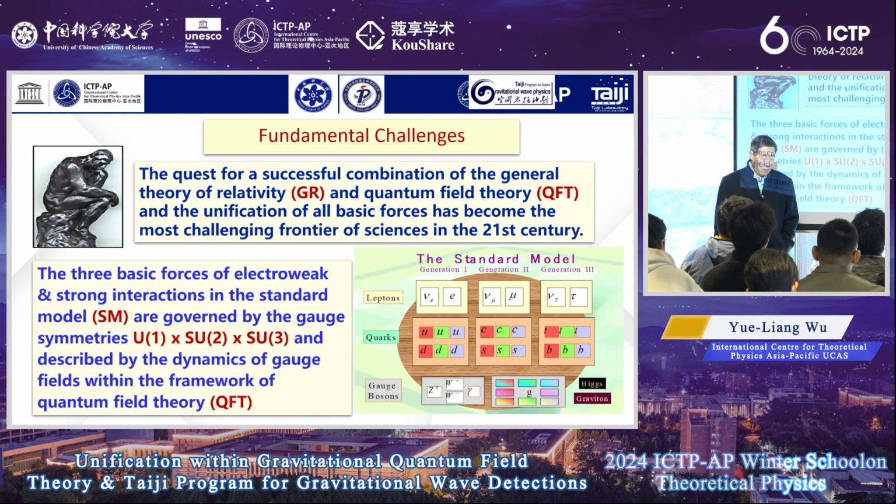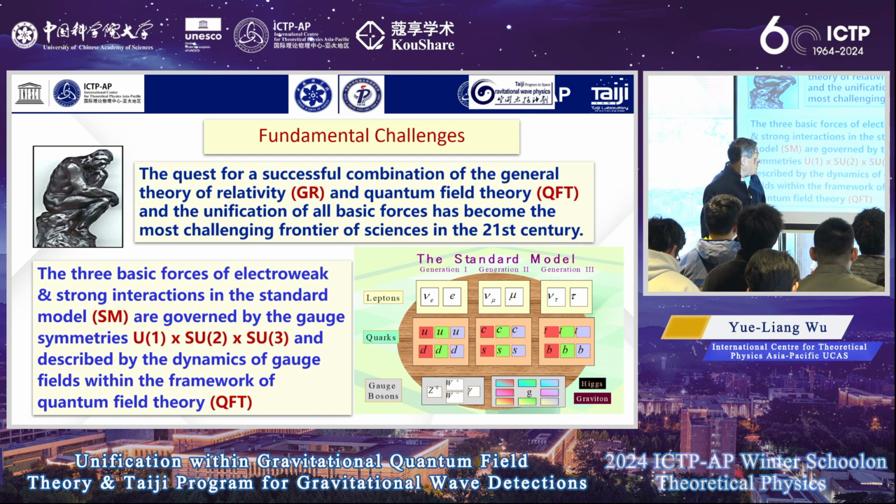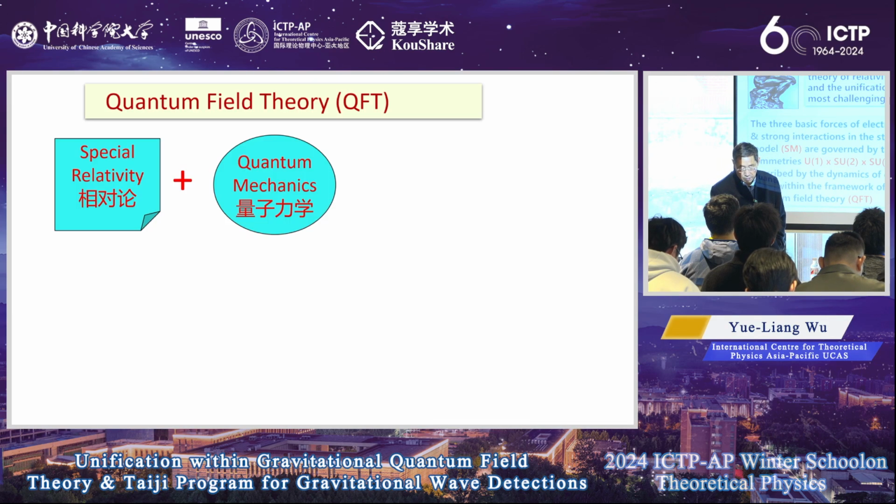But we know the three basic forces, electromagnetic, weak and strong interactions in the standard model, are well described by quantum field theory with symmetries. We call them the U(1), SU(2), SU(3) symmetries, which govern the electromagnetic, weak, and strong interactions. They all can be described by quantum field theory.